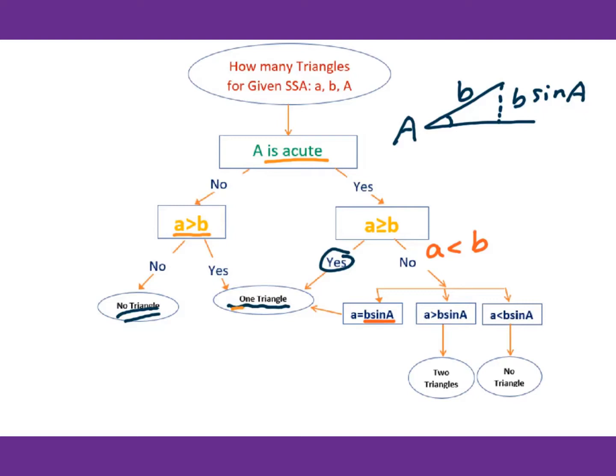Therefore, you only have one triangle to form. If a greater than b sin A and less than b, then you have two triangles to form. If a less than b sin A means you don't have any triangle to create.